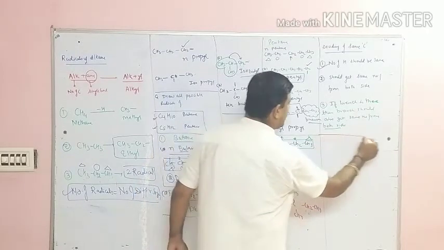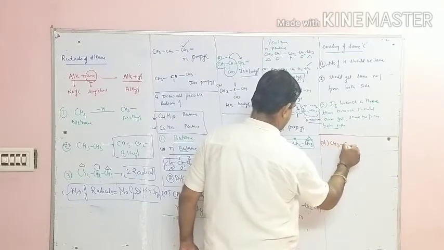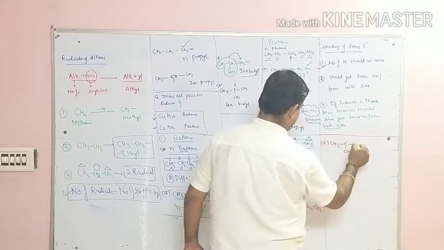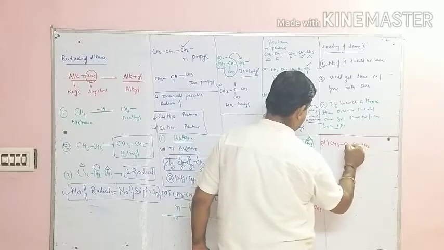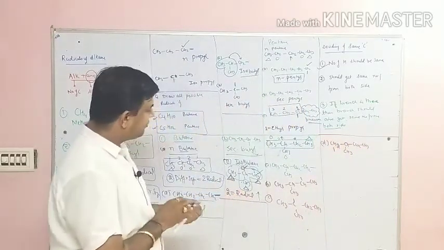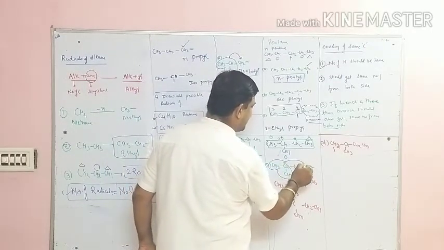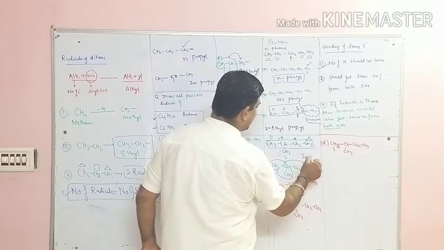If I draw D, this is the fourth radical. Now, what is the name of the first radical? The iso group is there, and the valency of the last carbon is free. This is called isopentyl.